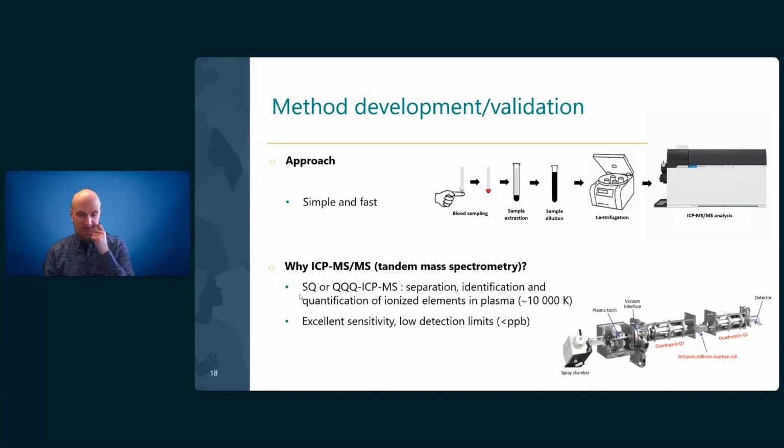So it's a hot plasma, and it allows to burn, to destroy the sample, let's say, to convert into ions, which are then quantified. This technology allows to get very good sensitivity, so very low detection limits for some elements, even ppt. For most of them, sub ppb.